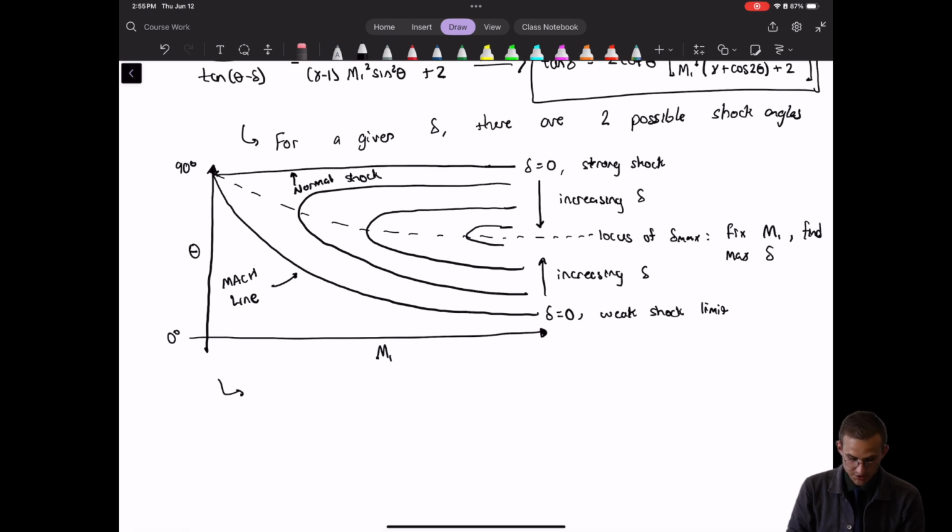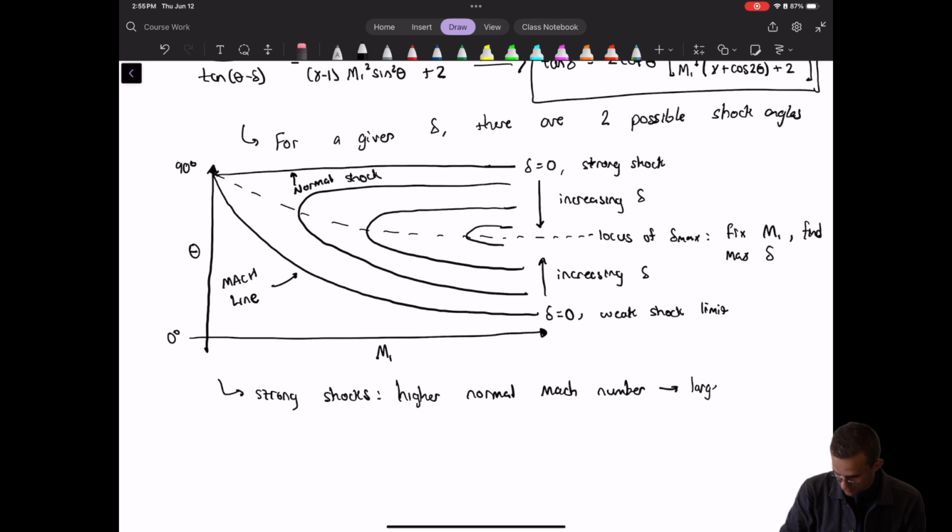So let me write down some of the things that I said when I was talking about the difference between strong and weak shocks. So first off, strong shocks have higher normal Mach number, leading to larger pressure drops.